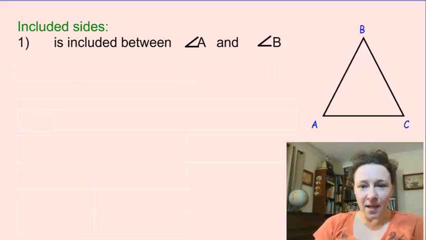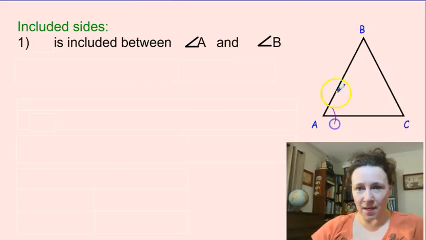Next stage, included elements. Take a look at the statement and try to figure out what's in the blank. Something is included between angles A and B. Let's begin with marking these angles, A and B. When we say included, in geometry, it means that it literally will be placed right between them, not somewhere aside.